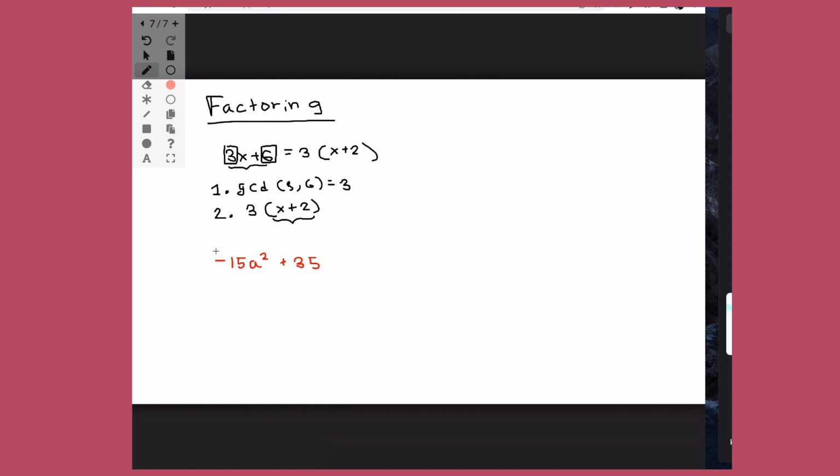Yeah, so even though we have an a squared here, you can basically treat it just like an x. So we do the same thing we did in 3x plus 6.